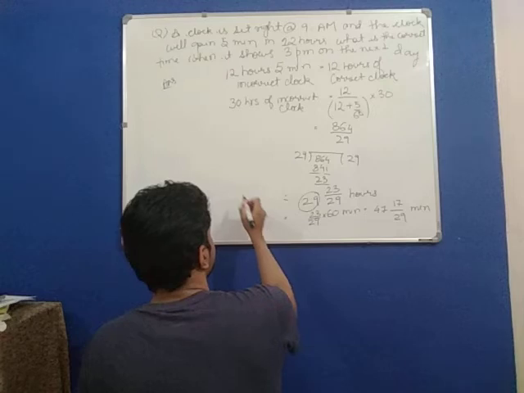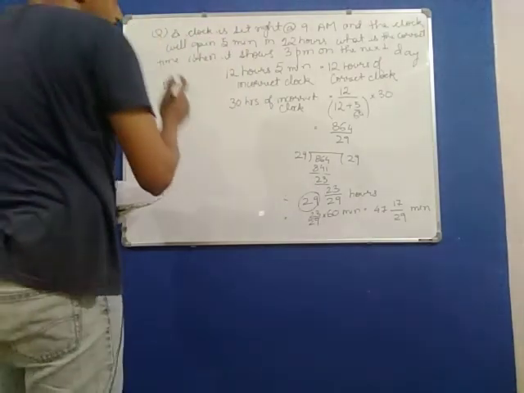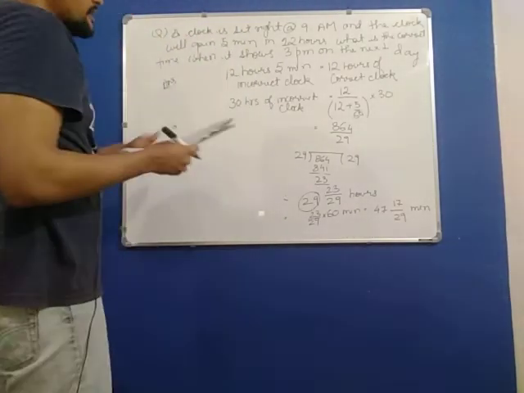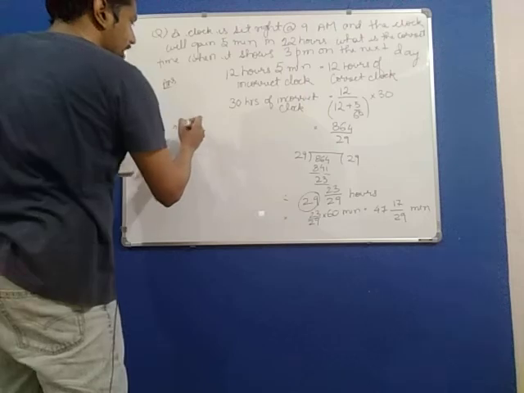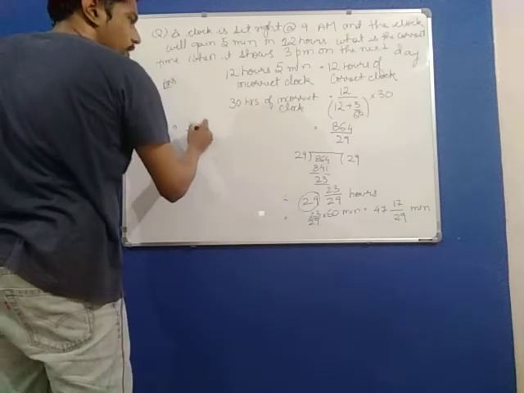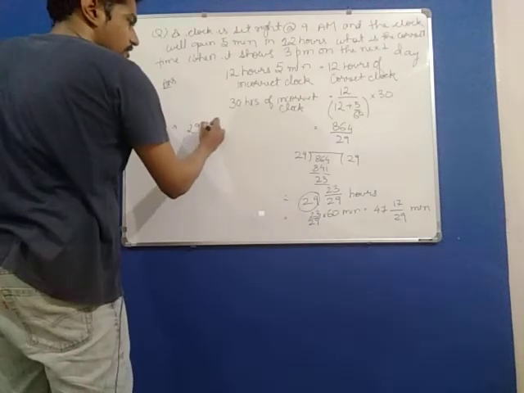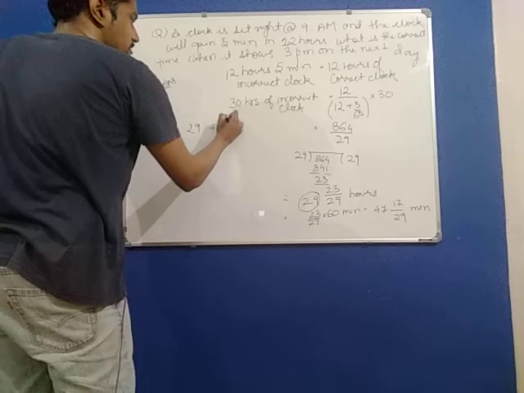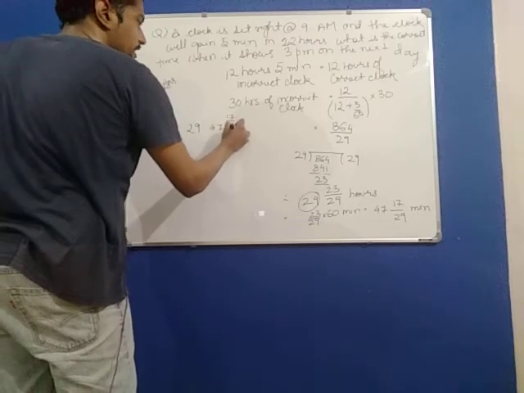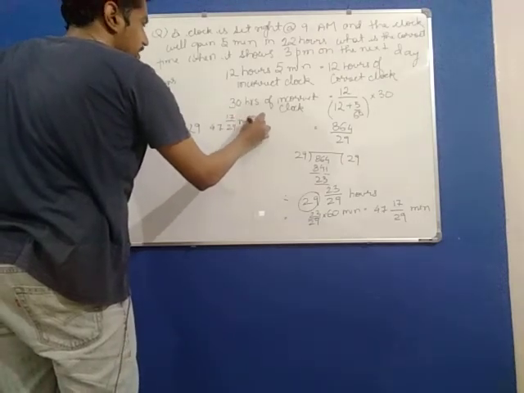And therefore, we can conclude that 30 hours of incorrect clock will actually be equal to 29 hours, 47, 17 by 29 minutes of correct clock.